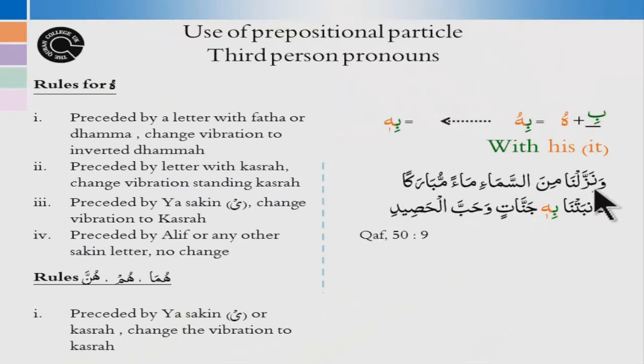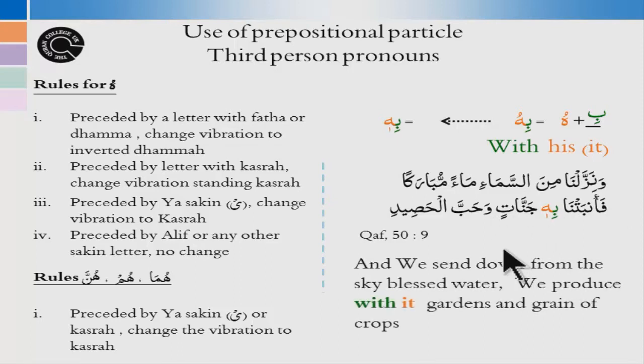So we sent down minas sama'i, from the heaven or from the sky, ma'an, water, mubarakan, blessed water, fa'ambatna, you can see the na over there, that means we, and fa means so, we produced bihi, with it, jannat, gardens, wahabbal hasid, and the grains of crops.